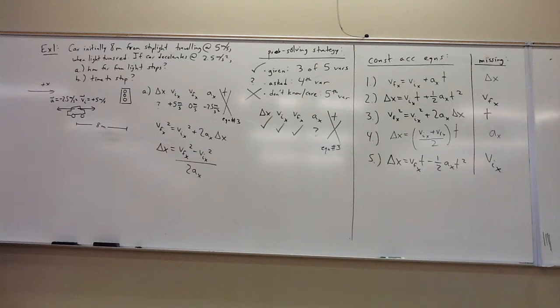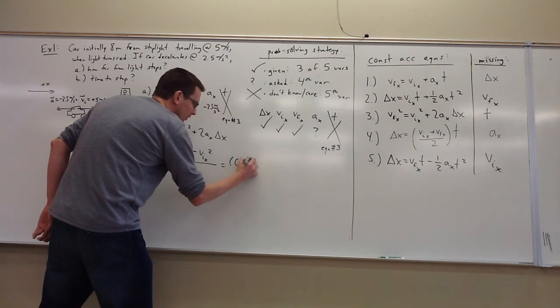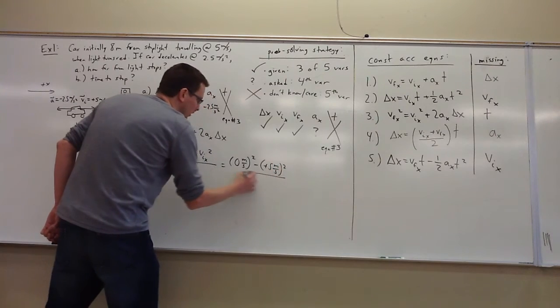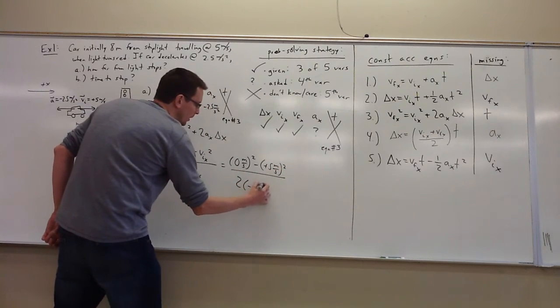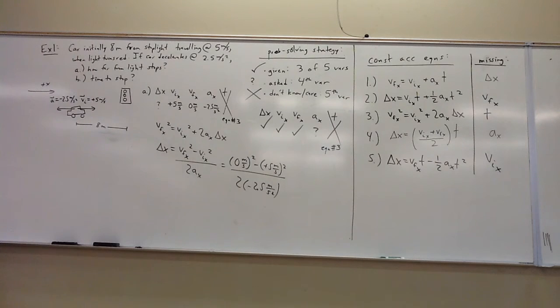So, I'm poised to find my answer. So, let me go ahead and just put everything in. 0 meters per second gets squared minus 5 meters per second. And then I put in everything. And whatever that crunches down to is my answer.